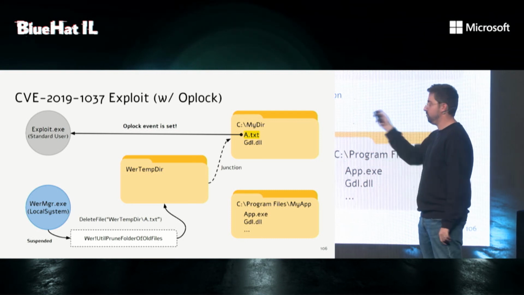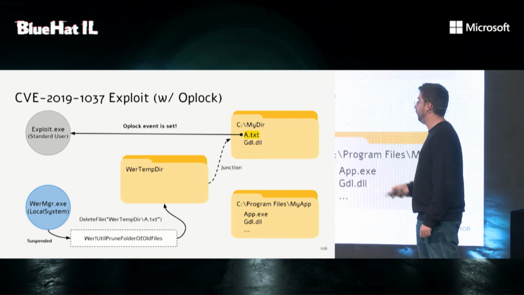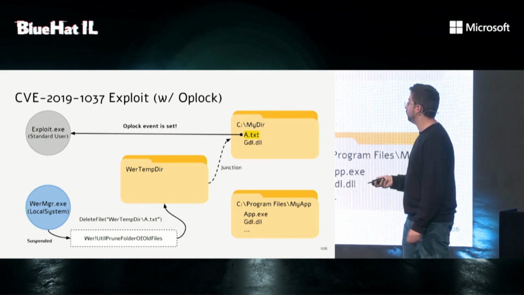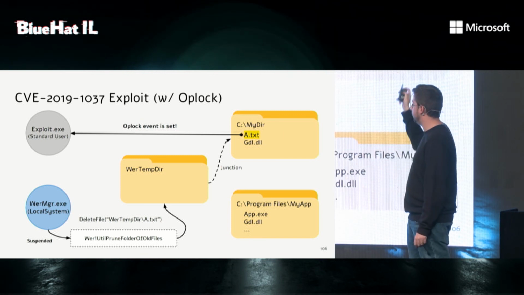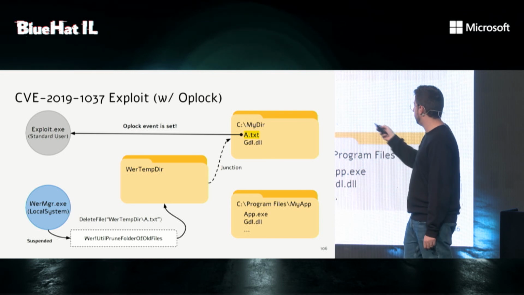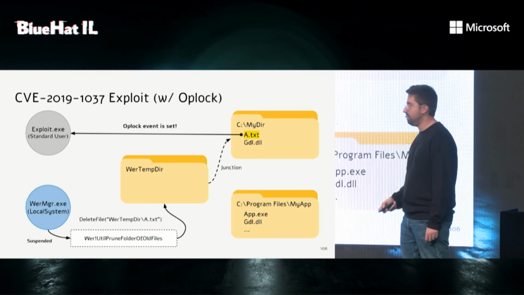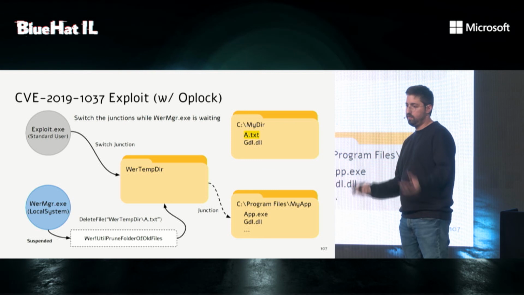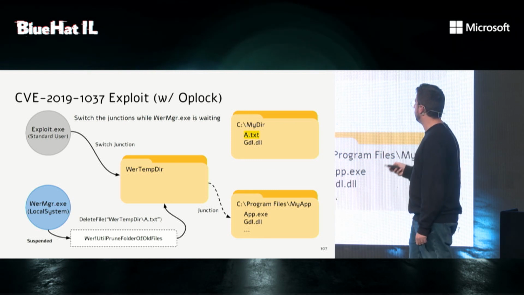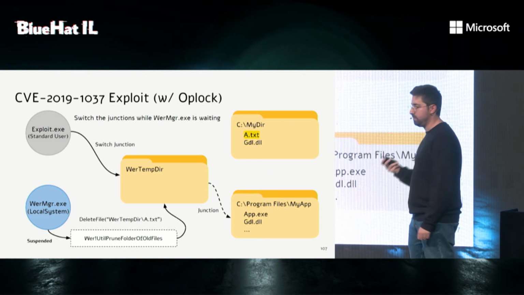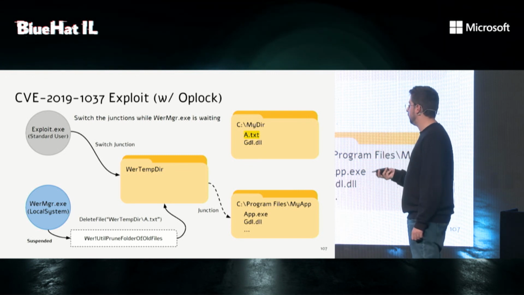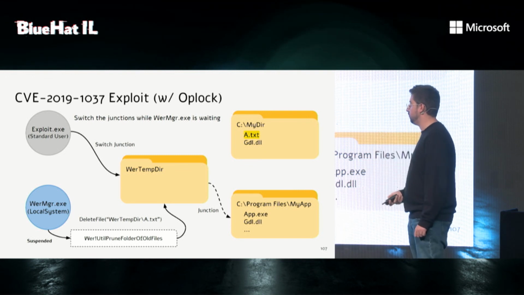So we'll know that wermgr tries to delete it, and we can take our time and switch the junction between where_temp_dir and mydir, so that where_temp_dir will point to the C:\Program Files myapp directory. After we did that successfully, we can close the handle we have to mydir.a.txt, which will release the wermgr.exe thread.